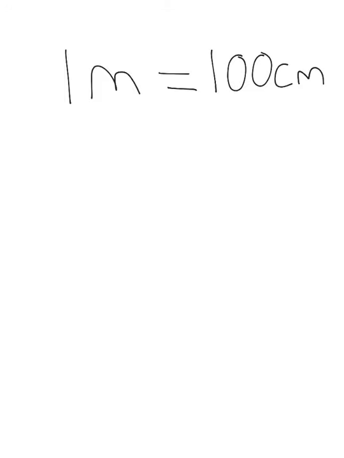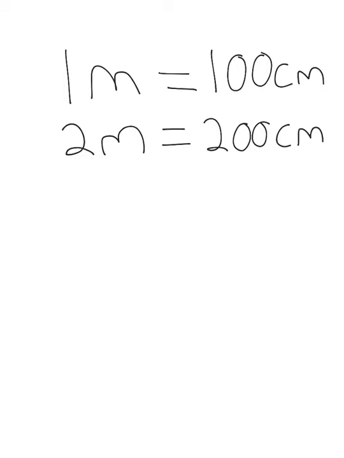Now we're going to look at the same thing, but we're going to compare meters and centimeters. So maybe you already know that 1 meter is equal to 100 centimeters. If you look at the meter stick in the classroom, there's 100 centimeters on there. So therefore, 2 meters must be 200 centimeters. So hopefully you can guess already, 300 centimeters is the same as saying 3 meters.